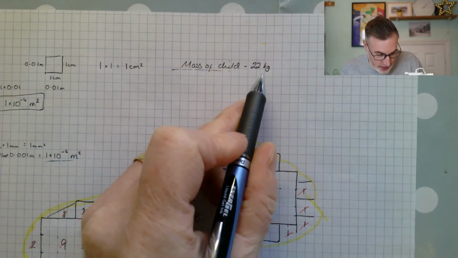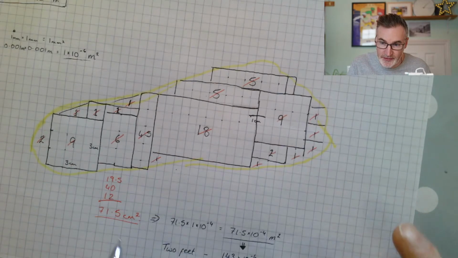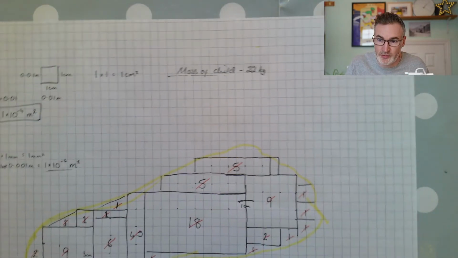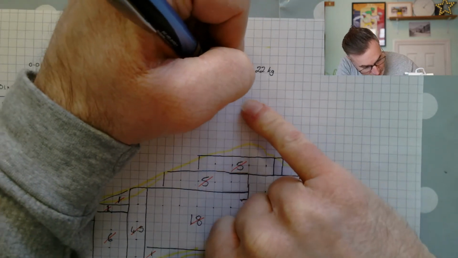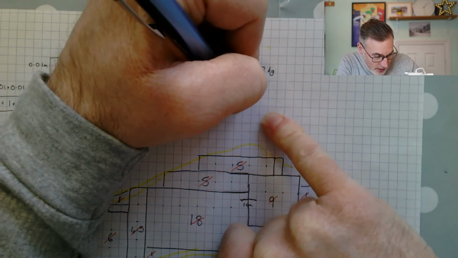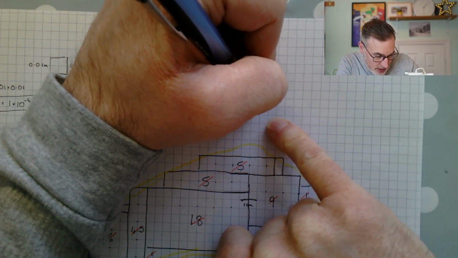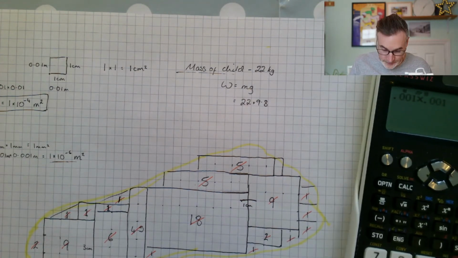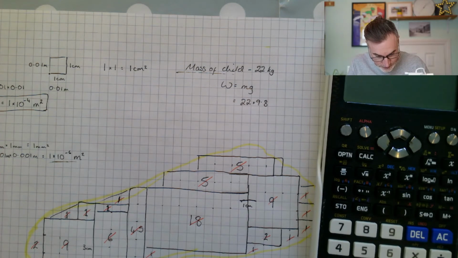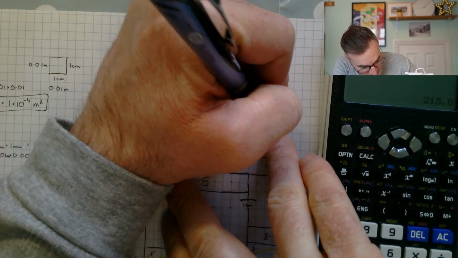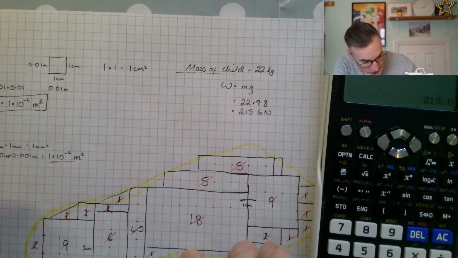So 22 kilogram child standing with her little feet there. So let's work out the weight of the child. And so W equals mg. We have 22 times 9.8. And that is 215.6. This will be newtons, remember, it's force.